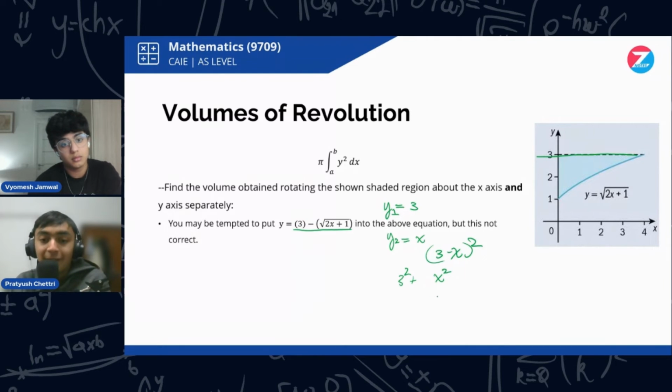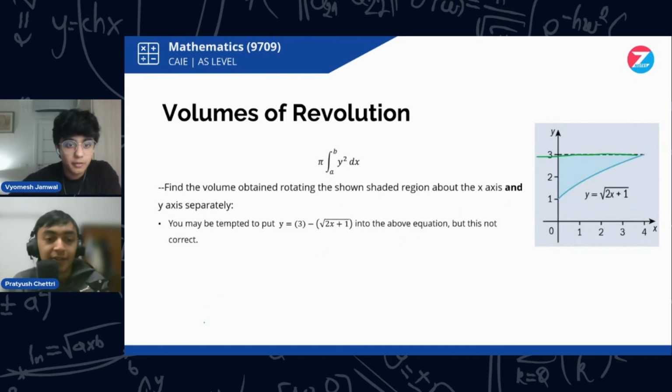The point is, a squared minus b squared does not equal a minus b whole squared, right? They're separate things. You can't group them together and square them. You have to square them separately, which is what I'm saying.